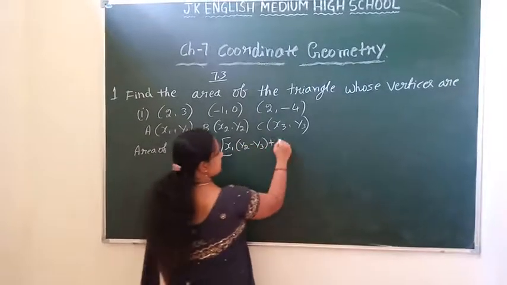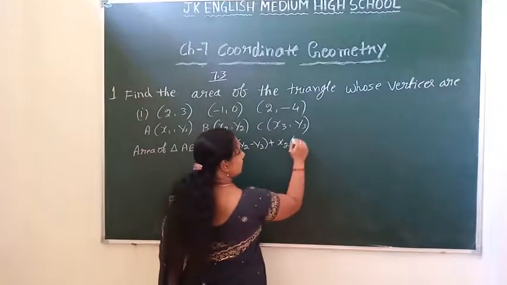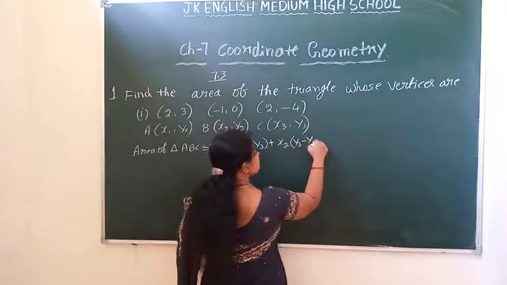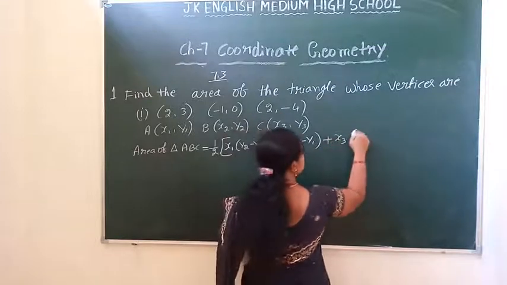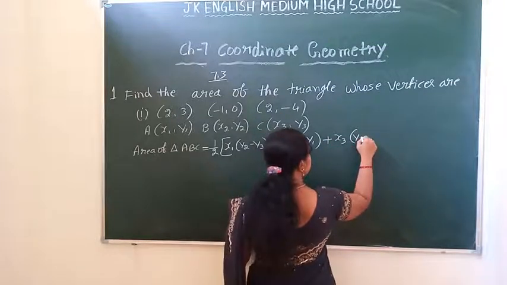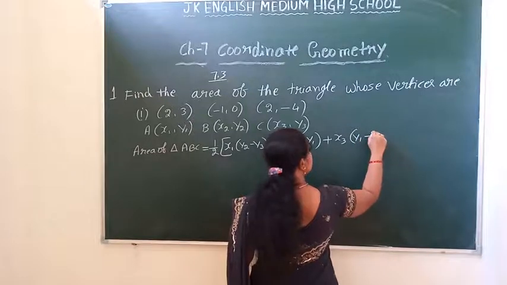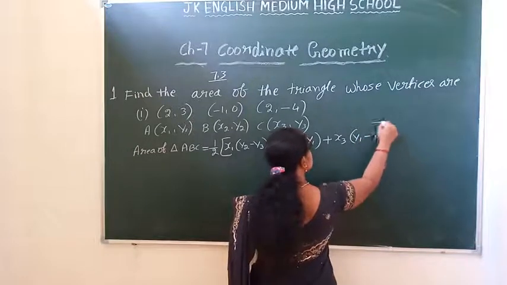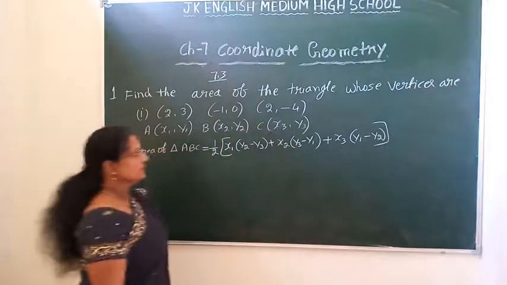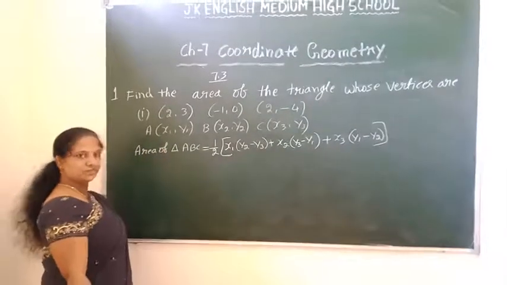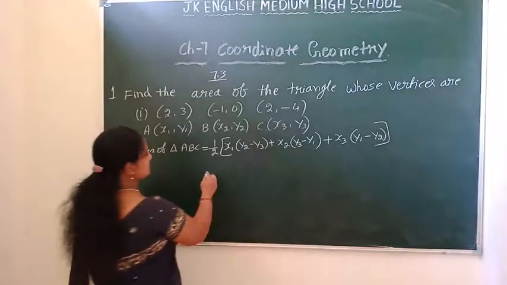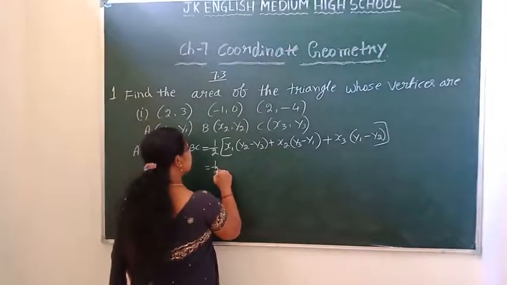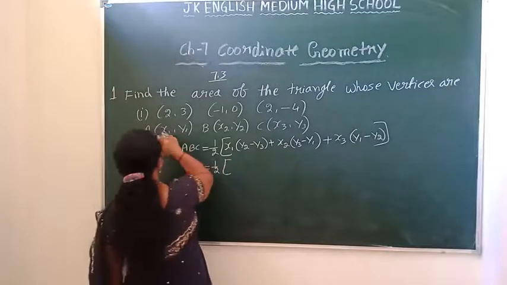Next, after x1, x2, then y3 minus y1, plus x3, then y1 minus y2. It becomes very easy for you to remember this formula if you practice this way. Now, you substitute the values. Half of x1, which means 2.